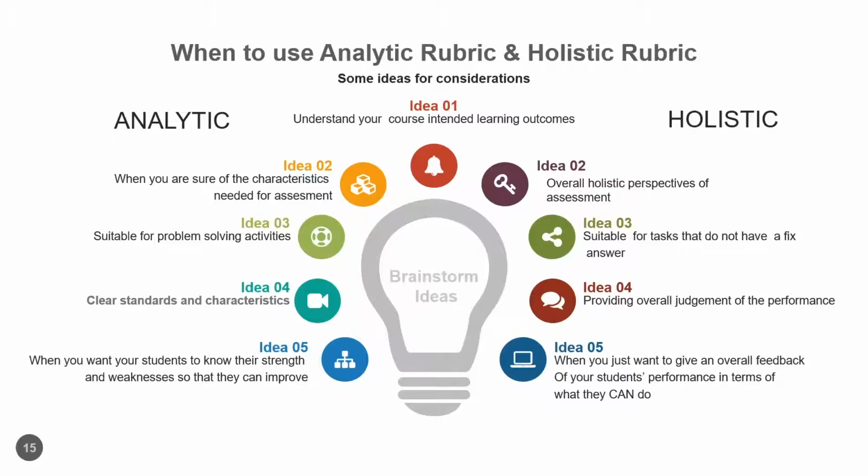Whereas analytic, because it's solving the problem and you have a specific criteria, you want your students to meet certain standards, and based on the characteristics that you have indicated in the criteria, what your students will get is not only information about the strengths, but also their weaknesses, what they can do and what they cannot do yet. So they need to improve in order for them to be able to do better. Okay?